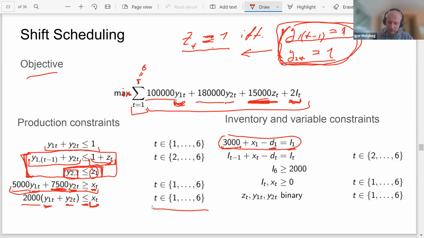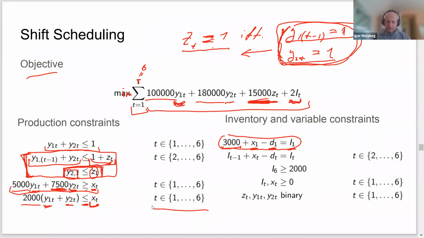We have the inventory that we have distributed according to the demand, and we have the inventory that we have produced. Then similarly, we are writing down the balance equations for all of the next months, and we are saying that the inventory that we are carrying over to the 7 months must be greater than or equal to 2,000.